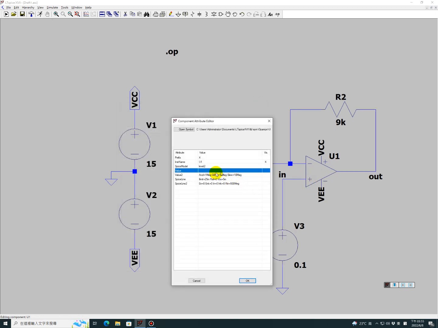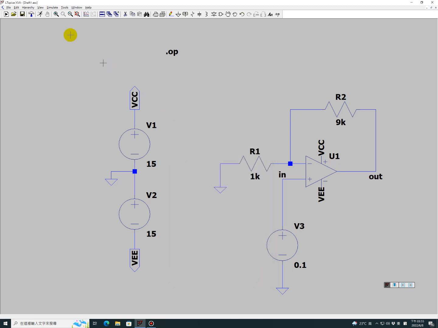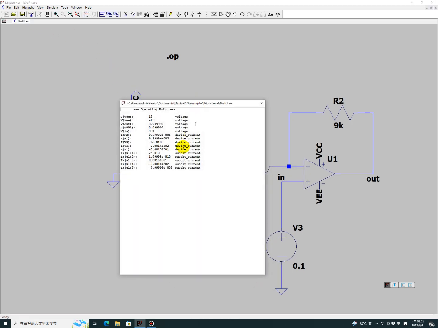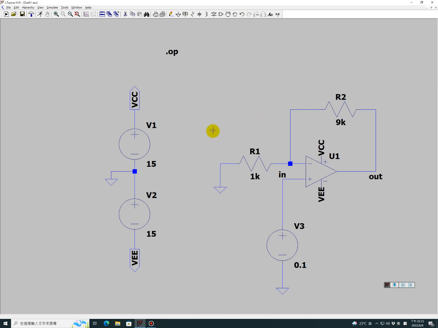Let's go back and set it to 0. Now it goes back to Vout is 0.999992, right? Okay, that's a typical op-amp you can do.